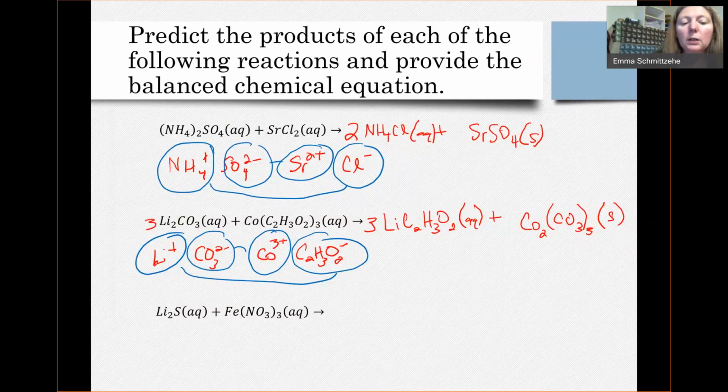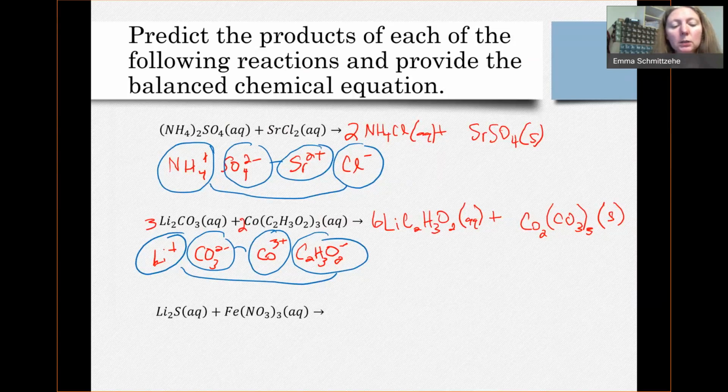So I did 3 carbonates because we have 3 carbonates in the end. And then I'd need 6 lithiums. And then the cobalt, I need 2 of those, so I need a 2 in front of here, and that would make 6 acetates. So then it's balanced. Okay, so I've got that done. It's balanced. Got my phases. Okay, and I've got my products.